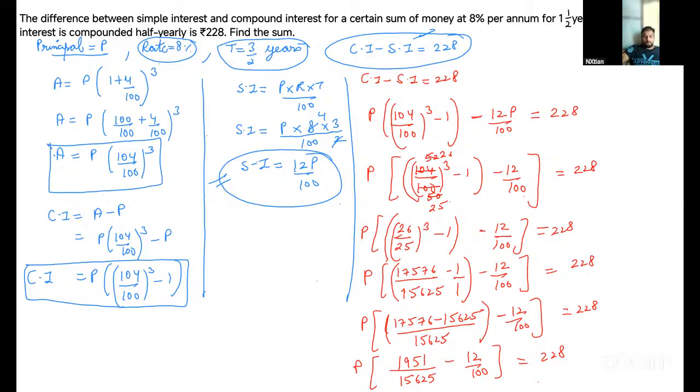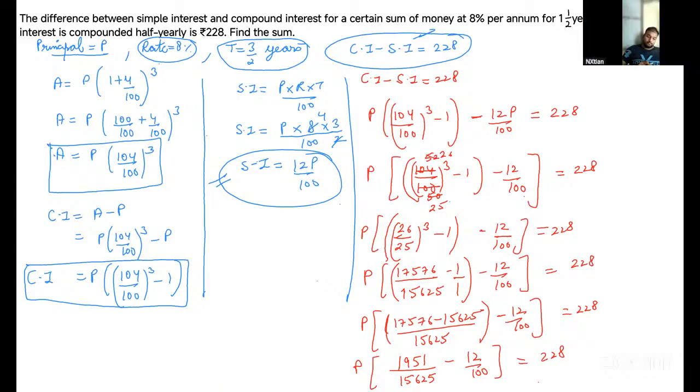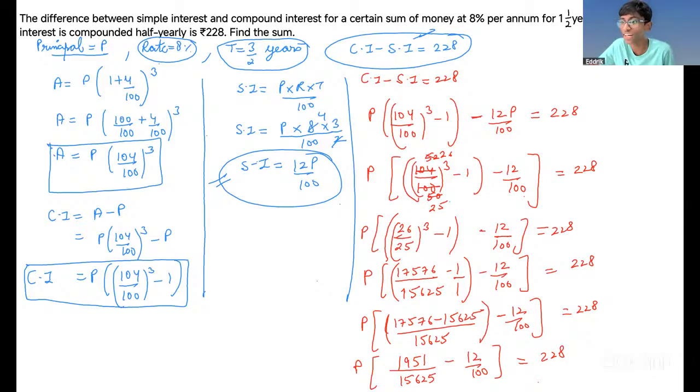Edwin, what answer you got? Me? Yeah. 35 lakh 62,500. Edwin, what you got? 35 lakh 62,500. And in the back, is the same answer. Did you check the answer?